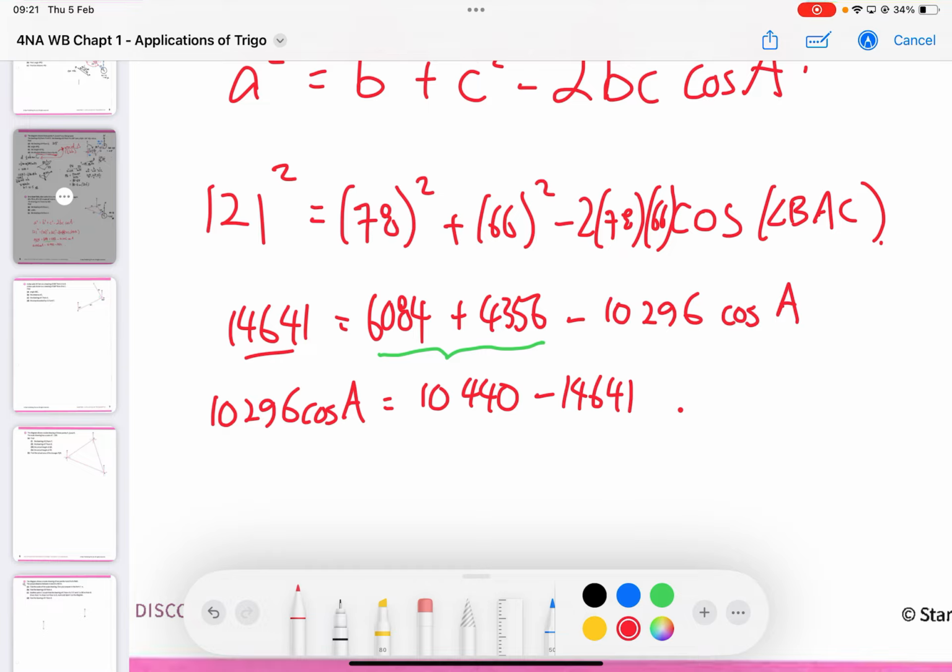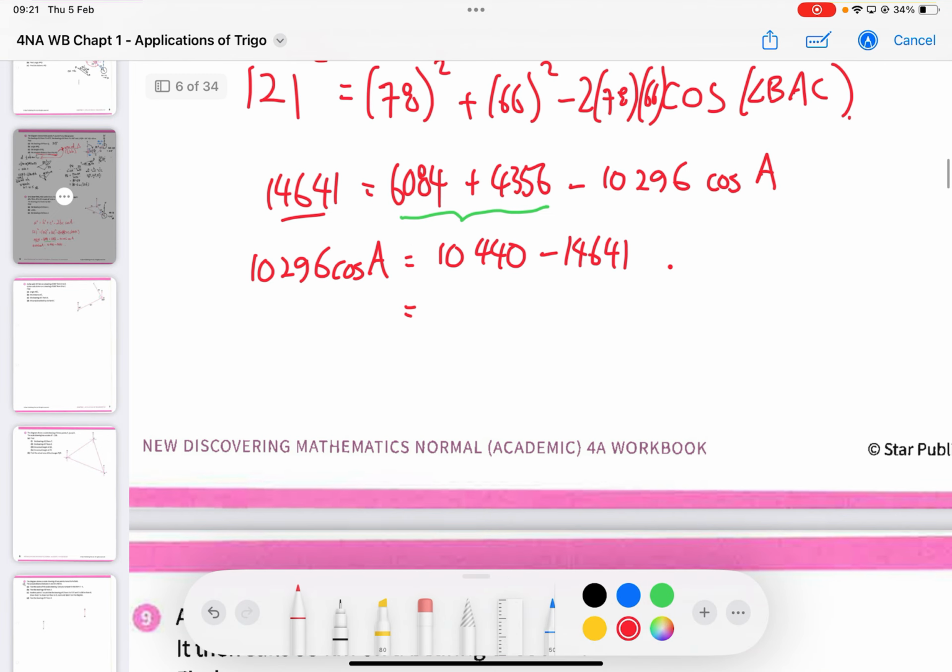Then I can simplify. 10440 minus 14641 is negative 4201. Then my left, something times cosine A. Nothing in between means multiply. So 10296 times cosine A. I don't want the 10296. I only want my cosine A. So I have to divide it over.